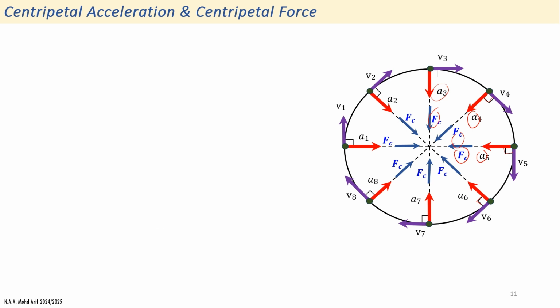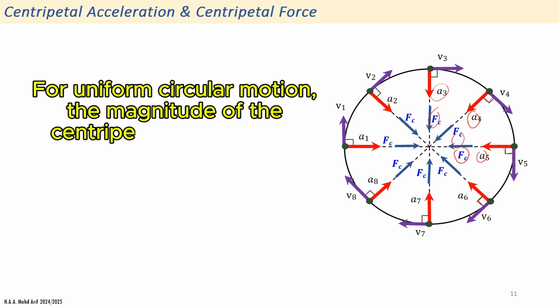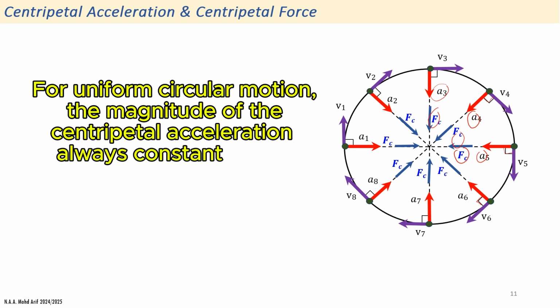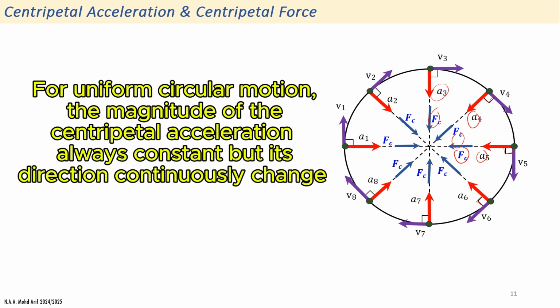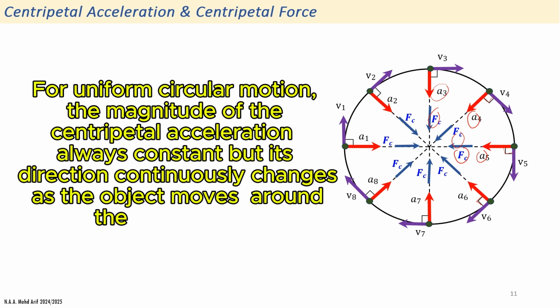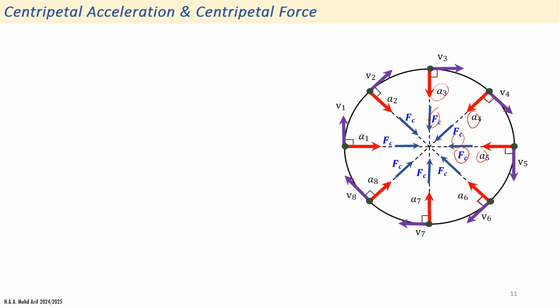For uniform circular motion, the magnitude of the centripetal acceleration is always constant, but its direction continuously changes as the object moves around the circle. We can look at this figure. This is point A, and this is the velocity v, and the direction of F_c and a_c is always toward the center.